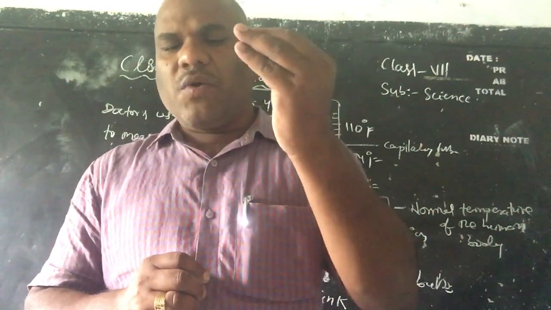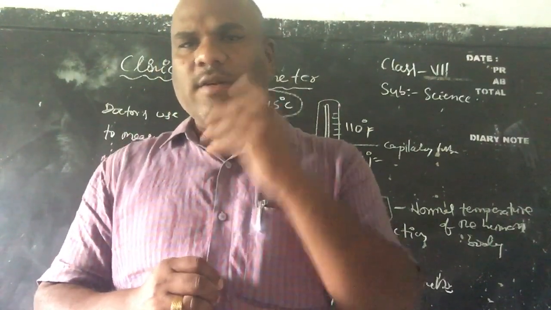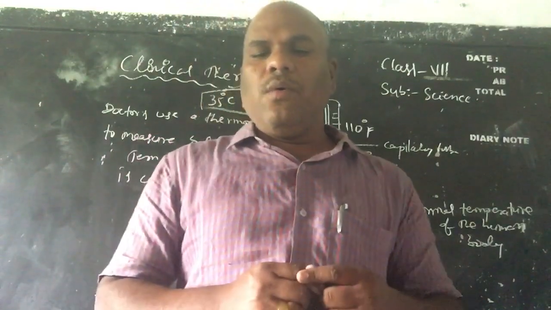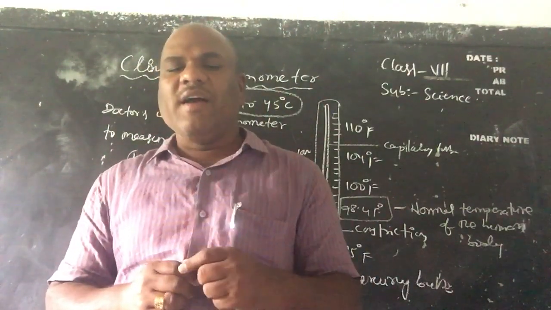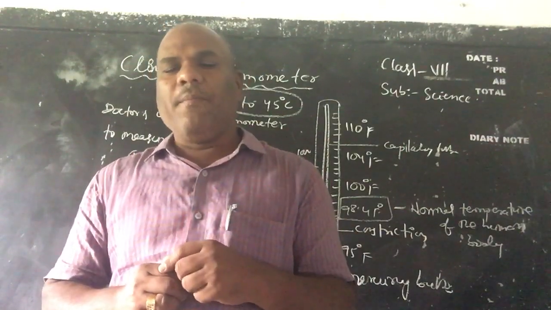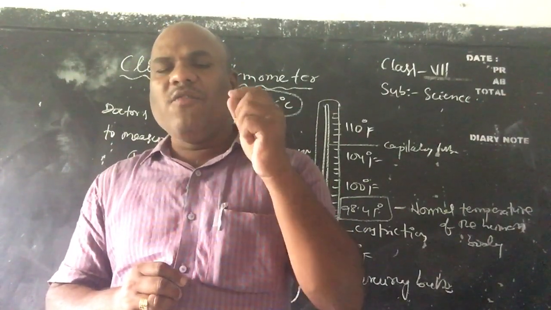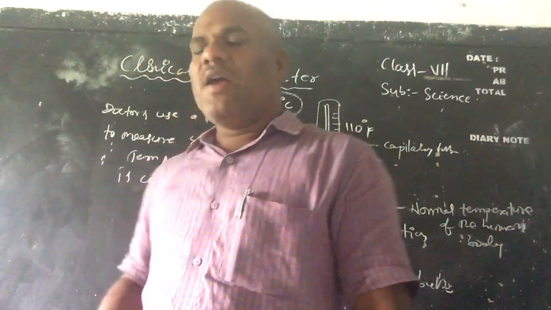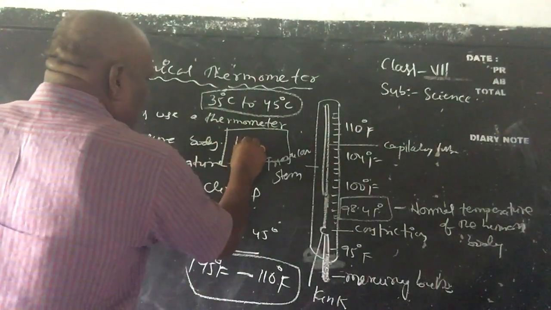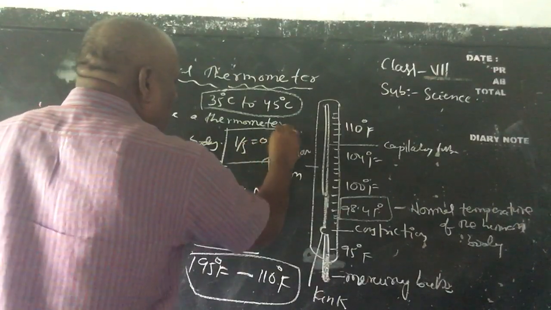Suppose two consecutive bigger marks differ by 1 degree, and there are 5 divisions between them. Then one small division reads 1 by 5 equals 0.2 degrees Fahrenheit.